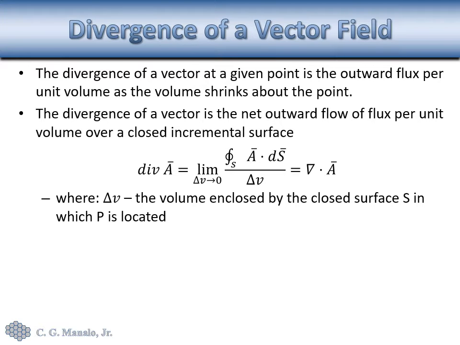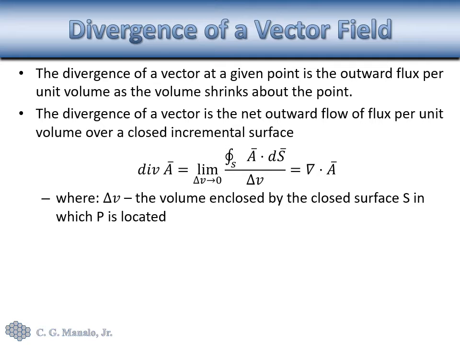Let's have a more formal definition of divergence of a vector field. The divergence is really a measure of how the vector behaves at a particular point, whether the vector field is expanding at that point or if it's shrinking.